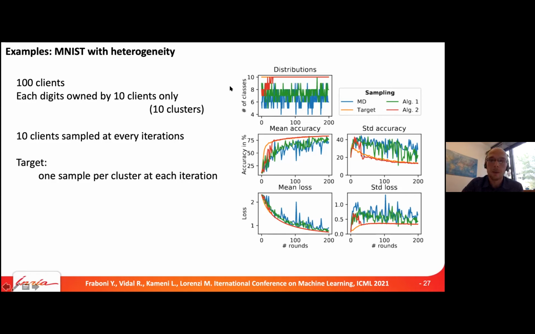So the most important plot is this one, which shows per round how many clients of each class are selected. And of course, target by definition every time samples one client per class. So we have 10 clients all the time which are selected, so 10 classes which are correctly picked every round.